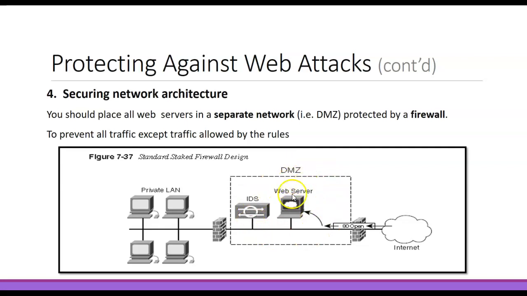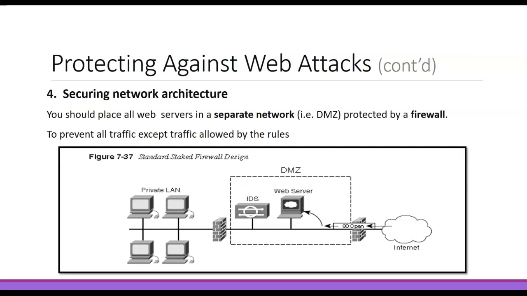So also we put with the web server the IDS, intrusion detection system, to detect whether there are any intrusions in this network. So usually we have to put the web server in a demilitarized zone, in a protected zone, not with the private LAN, because if you put it there, then if there is any infection, it will infect the entire network.